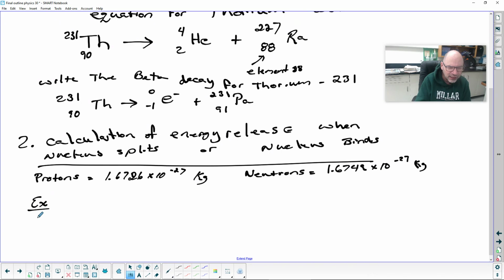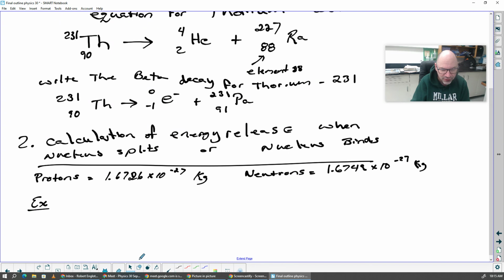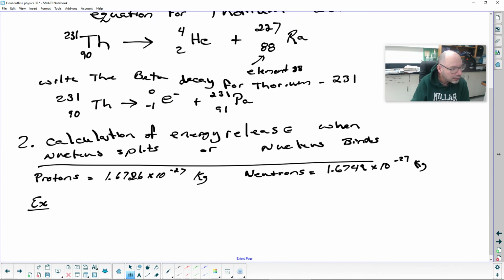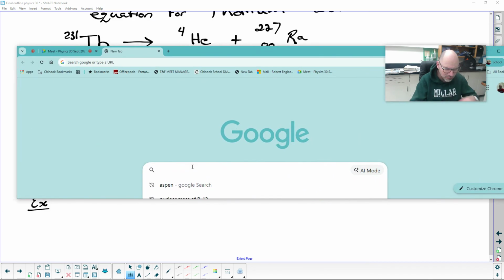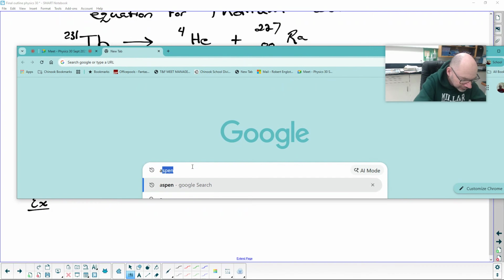Let's do a helium particle. I think I've got a helium particle somewhere. No, let's just look one up. Let's just say, what's the mass? Let's do K19. That's potassium 19.